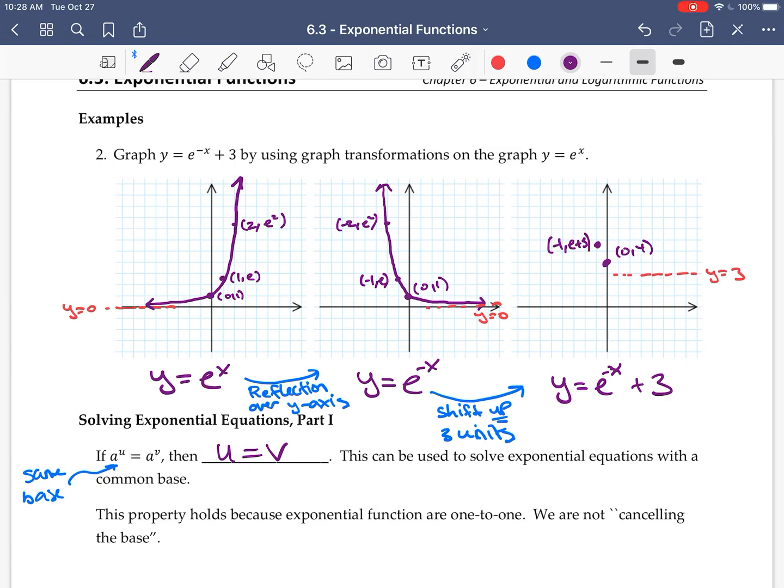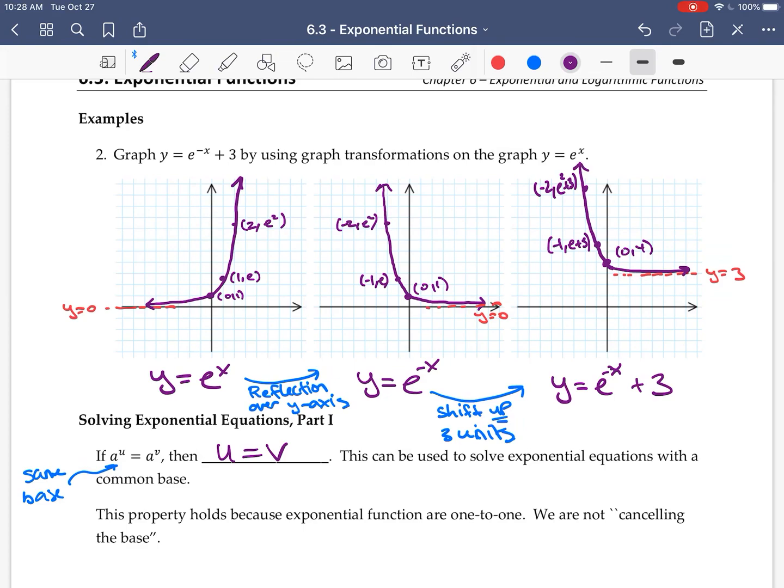And then the point at negative 2 is moved up 3 as well, so it's going to be around there: negative 2 and e squared plus 3. So my graph has been shifted up 3 units.